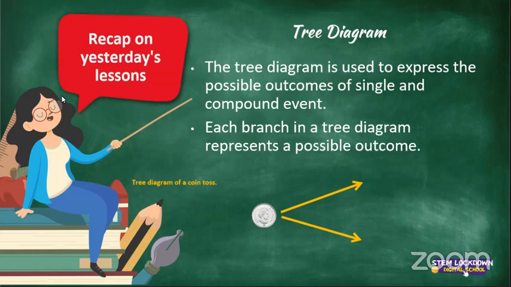We can either have a head or a tail. So in there you can see the two branches. Each branch is a possible outcome. In this case, if we just spin a coin, there are only two possible outcomes, a head or a tail. And that would obviously give us a 1/2.